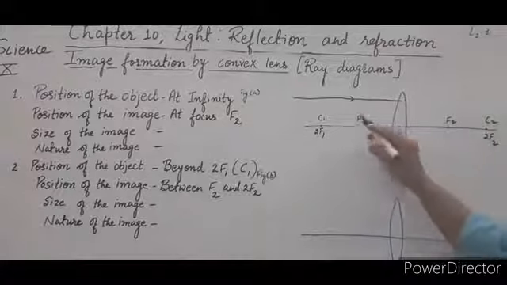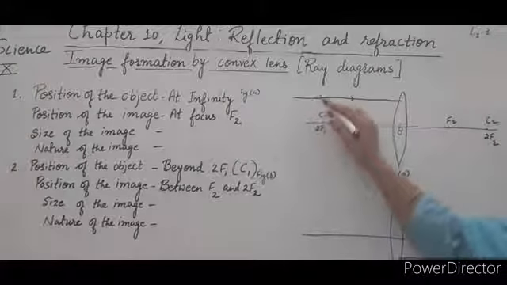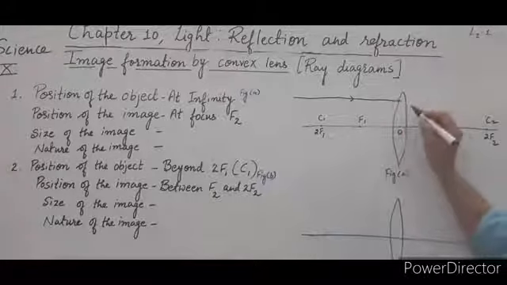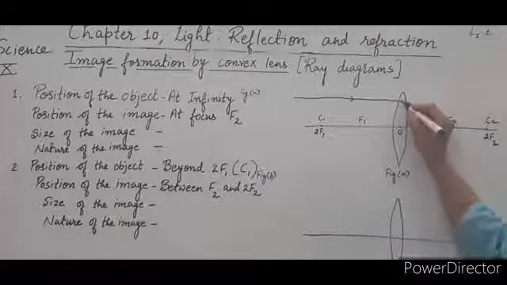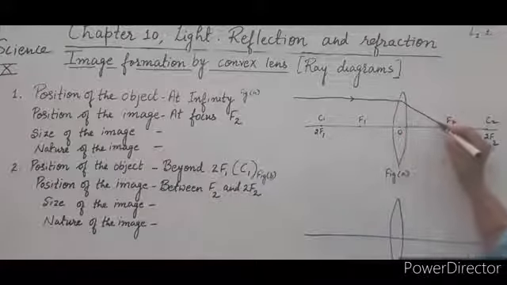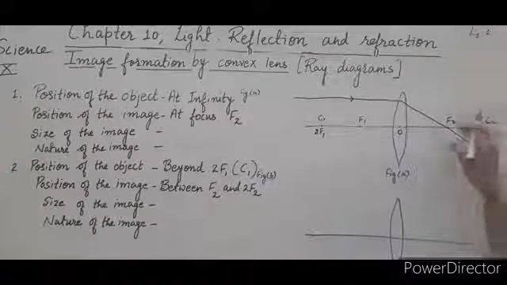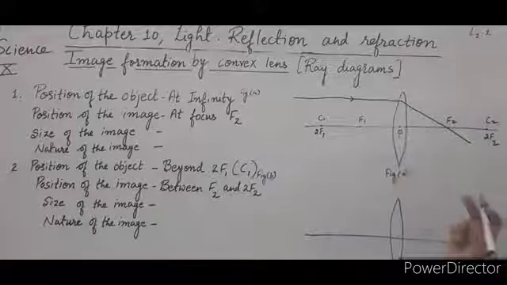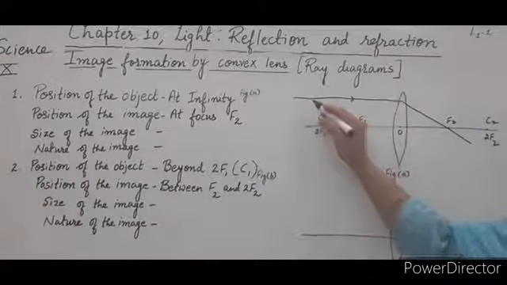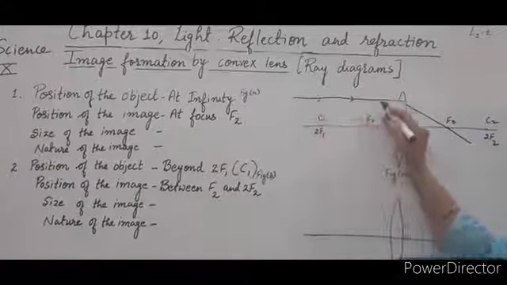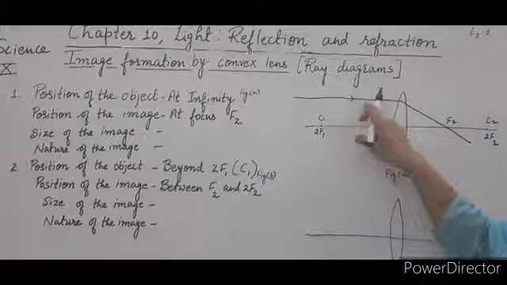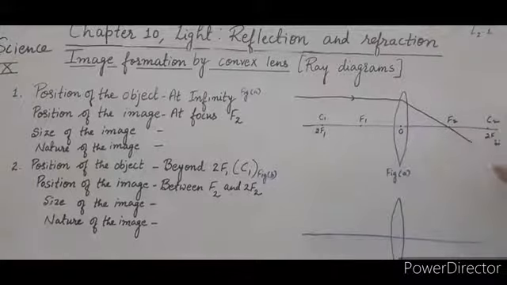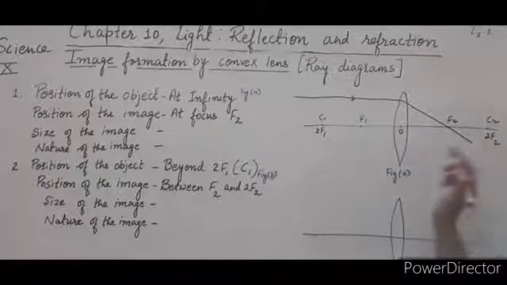So, the parallel beams of light fall on the lens and after refraction pass through the principal focus on the other side of the lens. So, the first rule: if the incident ray is parallel to the principal axis, after refraction it passes through the principal focus on the other side of the lens. That is F2.